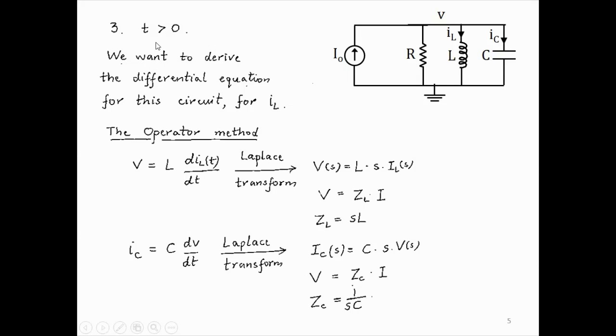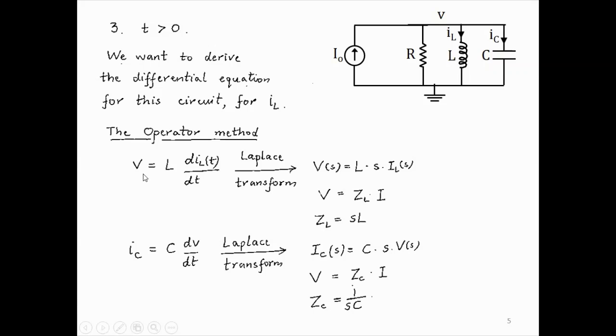We want to now solve this circuit for t greater than 0, and for that purpose we want to derive the differential equation for this circuit. So we are going to use this operator method, which is very useful when circuits get more complex, as we'll see in the next circuit, which is a little more complex than this one. So without justification, we apply the Laplace transform to the inductor equation and the capacitor equation.